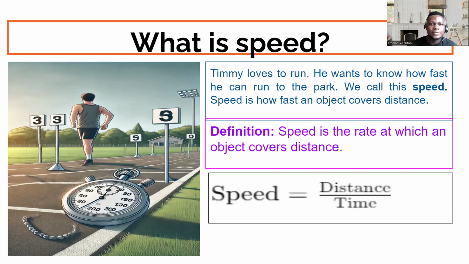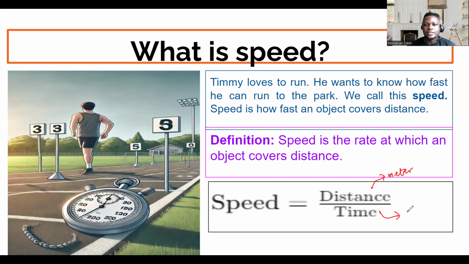From that equation, we can get the unit for calculating speed. Distance is a length, and the unit for calculating distance is the meter. Time is measured in seconds using a stopwatch. Since speed is distance over time, the unit for calculating speed is meter per second.